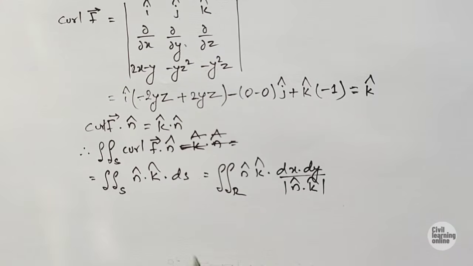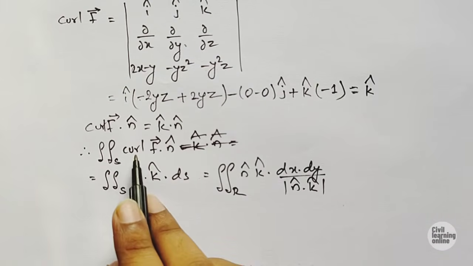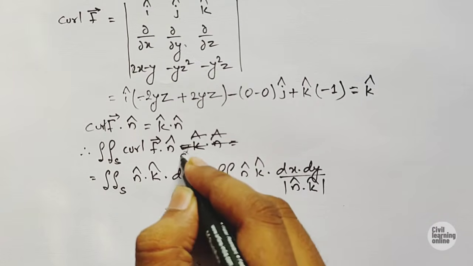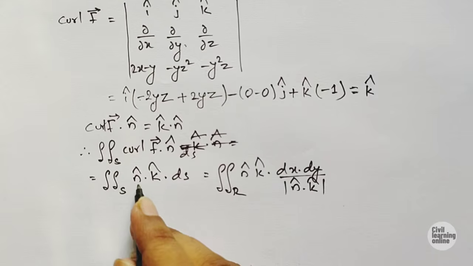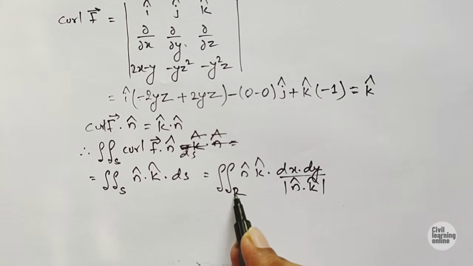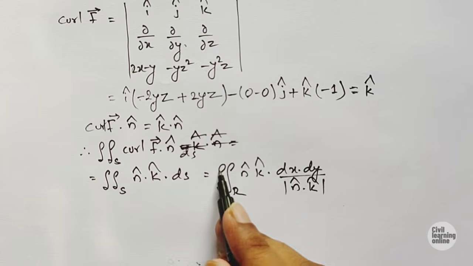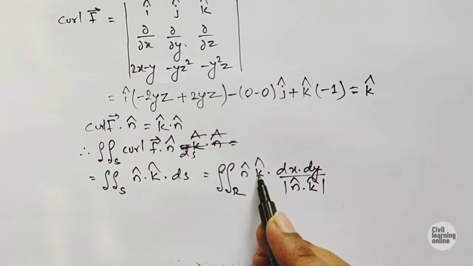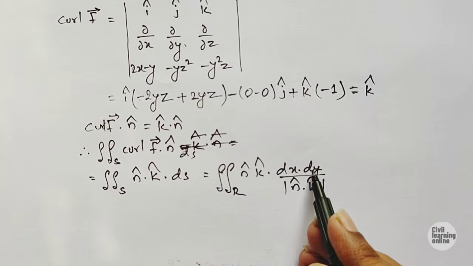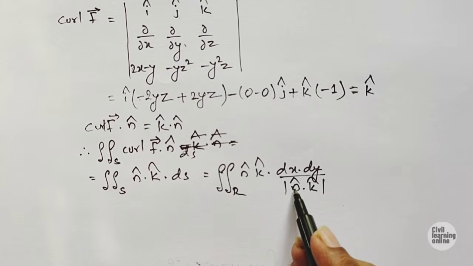So now guys, we have put the value of curl F dot n cap, and here it is dS. So curl F dot n cap, we have got n cap dot k cap times dS, and here R represents the projection on the surface S, with n cap as it is, and dS will be equal to dx dy divided by the determinant of n cap and k cap.